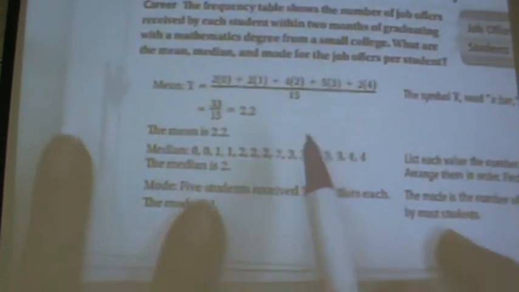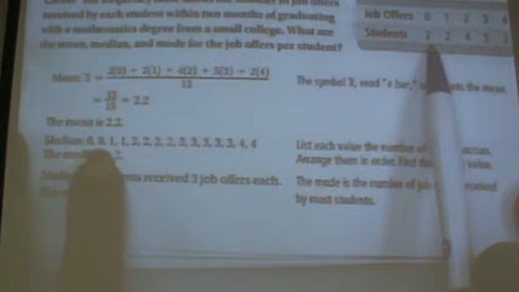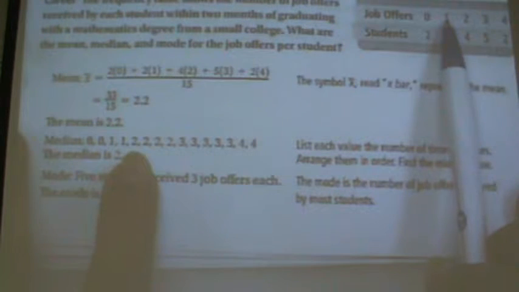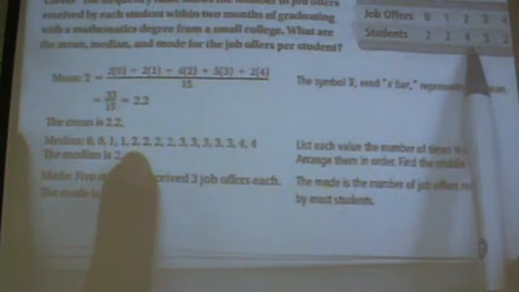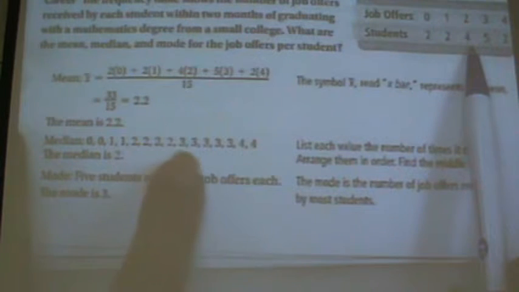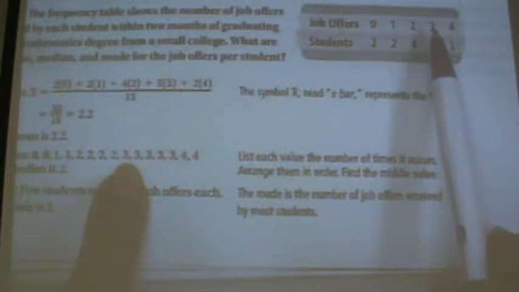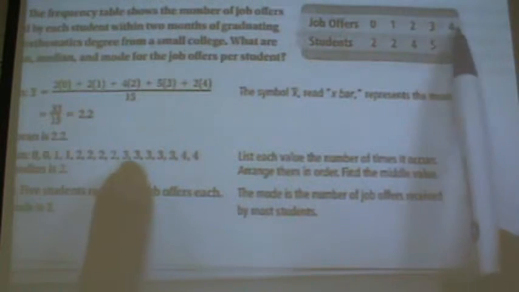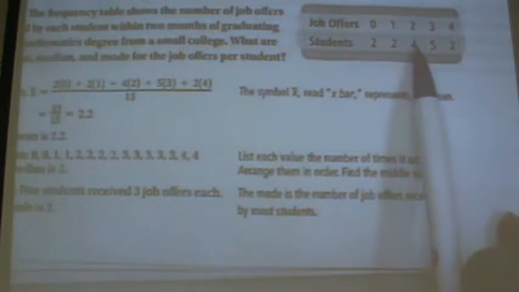So if you were to stretch this out, you have 0 twice, 1 twice, 2 four times, 3 five times, and then 4 two times. This is a frequency table.